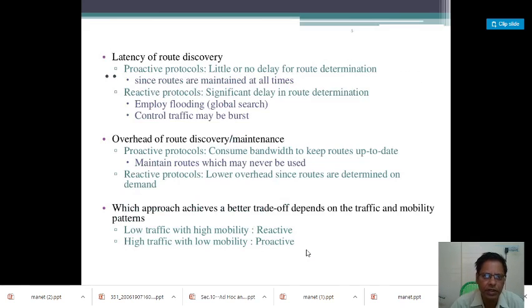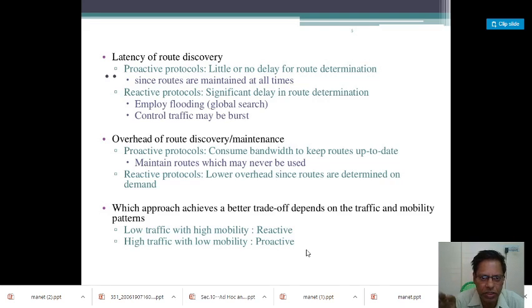Latency of route discovery: in proactive protocols there is little or no delay for route determination, since routes are maintained at all times and there is no need to send a request.